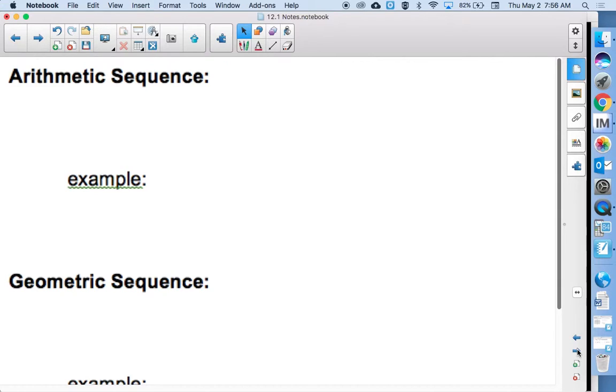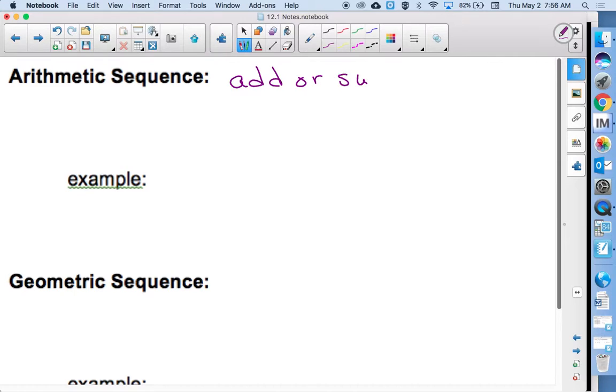So if it's an arithmetic sequence, you either add or subtract the same value to get to the next term. So every single time you're adding or subtracting that same number to find the next term.